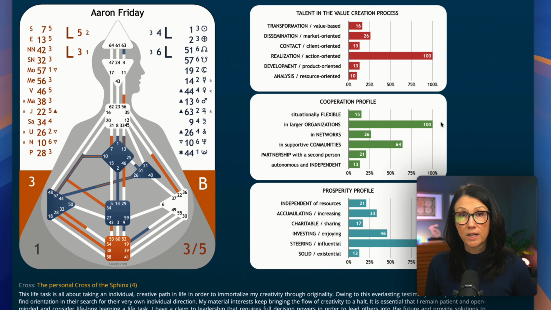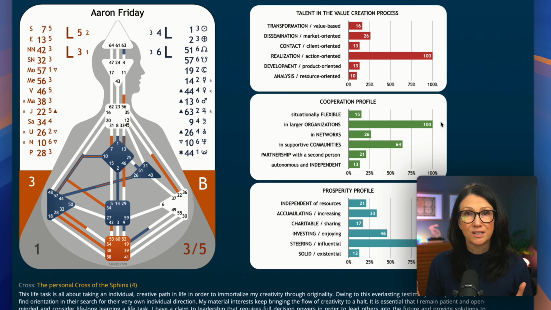The fifth cooperation profile, larger organizations, means that you can develop best in a large organization where, for example, a hierarchy is already developed, where there are really work-sharing processes. That means all individuals have clearly defined areas of responsibility and tasks, and you also have your clear area of responsibility, and all of these people within the hierarchy work together for a larger goal.